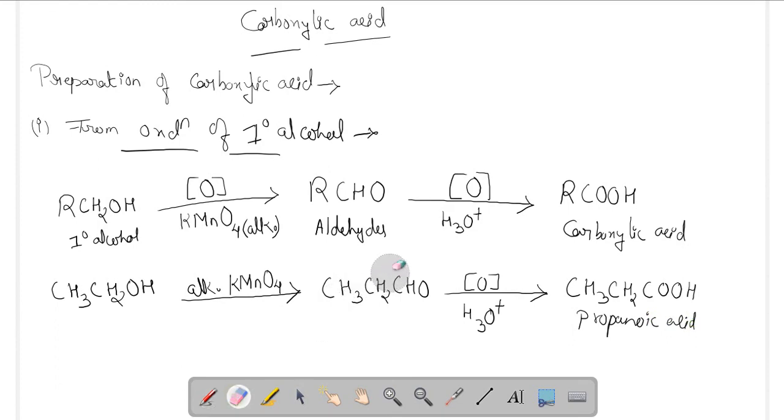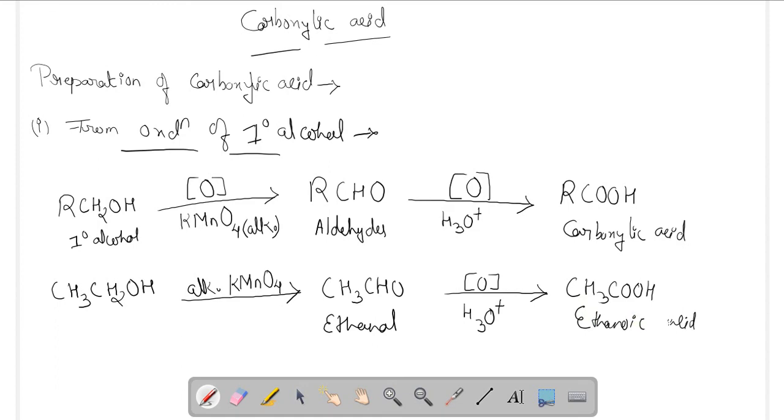Sorry, I have increased one carbon here, but one carbon will not be increased. Here the carbon of ethanol will be converted, and the COOH will be CH3COOH, that is ethanoic acid will be formed, not propanoic acid.